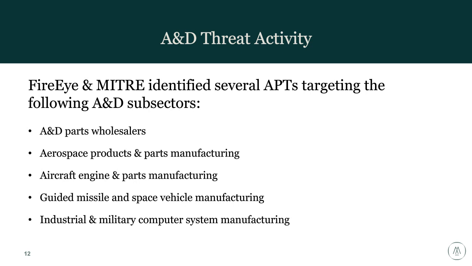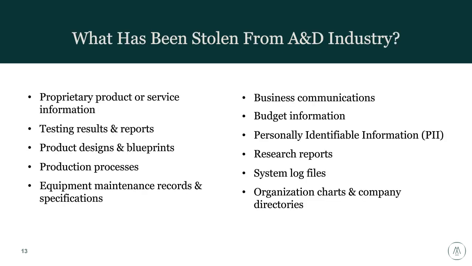These areas in particular were identified in a 2018 paper or papers saying that these are absolutely being targeted as we speak. So if you fall into any of these, just be aware that the threat actors are targeting your industry, your business. So what has been stolen so far?